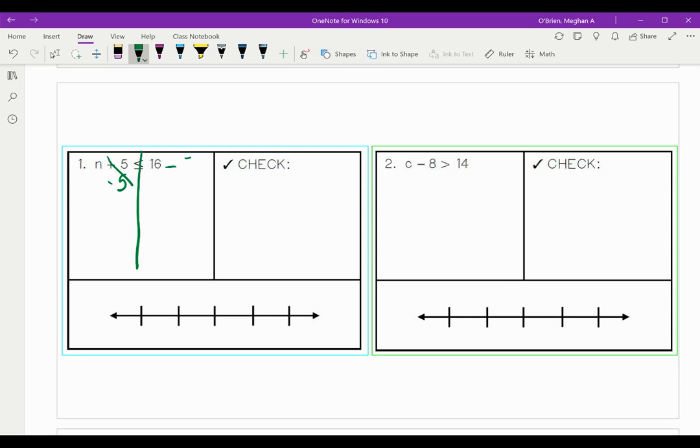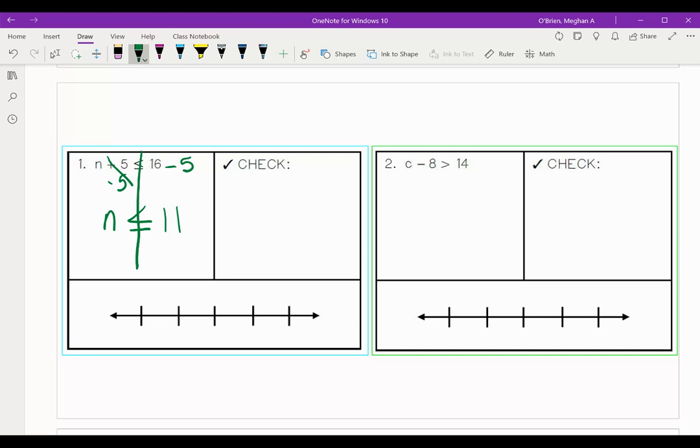If I do that on that side, I do that on the right side as well. So n is, and I use the same symbol, less than or equal to, and I simplify 16 minus 5, which is 11. So here's my solution. I'm saying that any number less than or equal to 11 makes this inequality true.